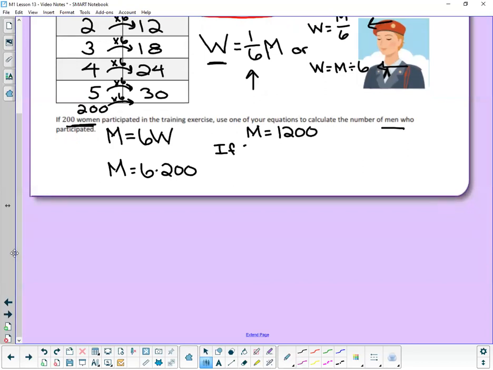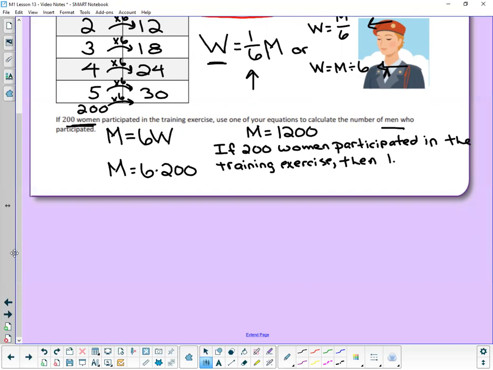So if 200 women participated in the training exercise, then 1,200 men participated in the training exercise.